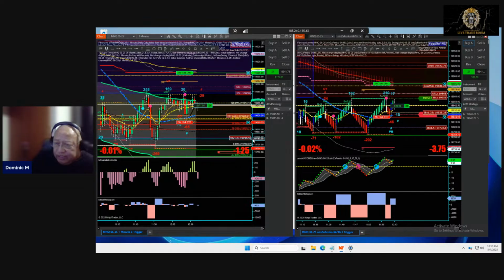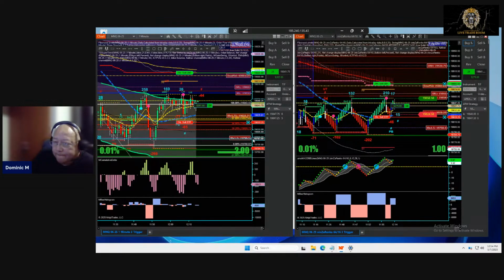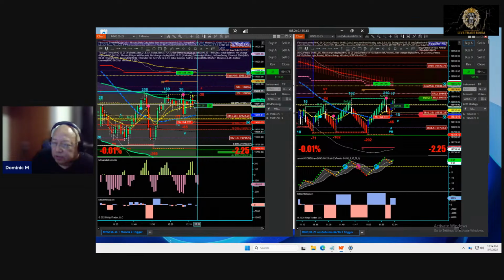If it gets to the high side again, I'll probably close this trade out. Yeah, that's what it's trying to do. With this software, you see this minus 37. There are a lot of sellers up there. Here we had buyers, they disappeared, so now we have sellers up there.